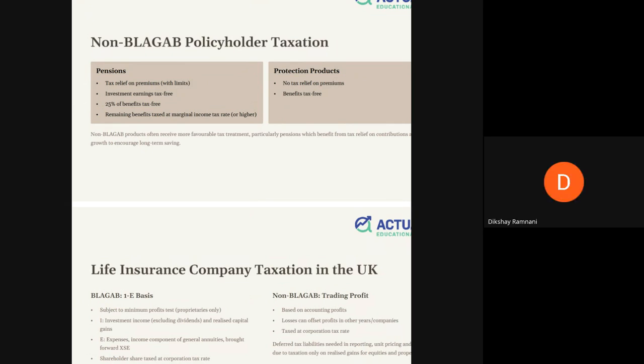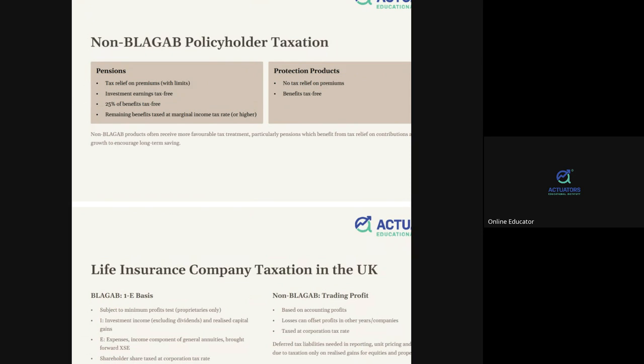Does that make sense? So 25% of benefits basically implies you take 25% as a lump sum, and whatever is remaining will be taxed, right? First 25% lump sum is non-taxed. Exactly. First 25% lump sum you can withdraw without any taxes.